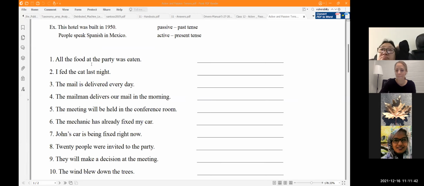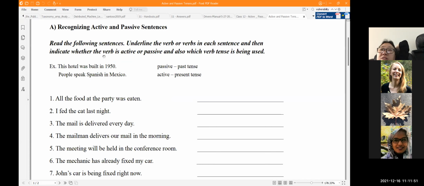All the food at the party was eaten. What's the question? Read the following sentence. That's the passive and the past tense. Yes, this is passive.